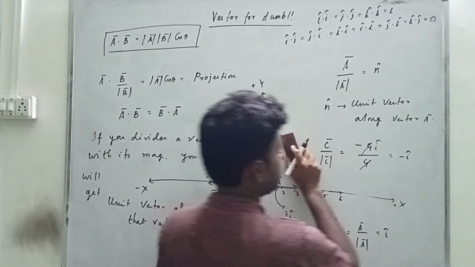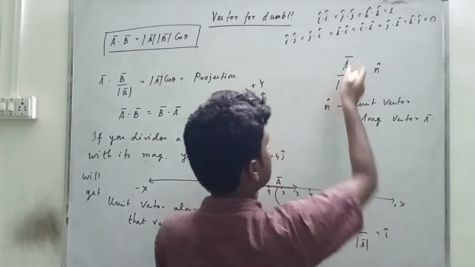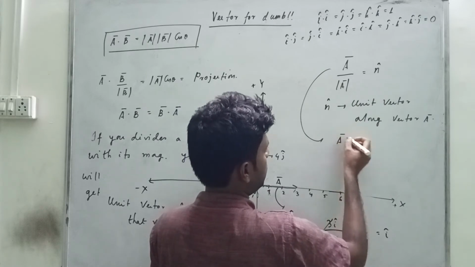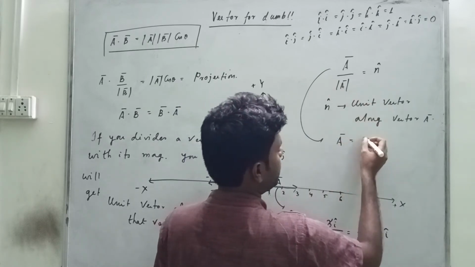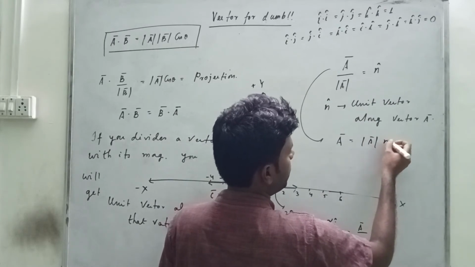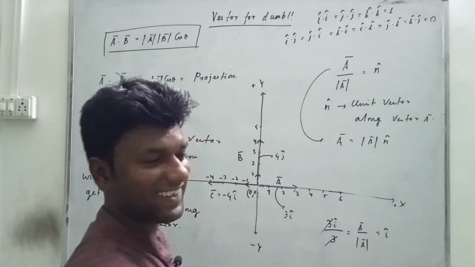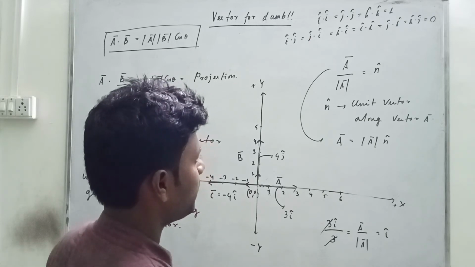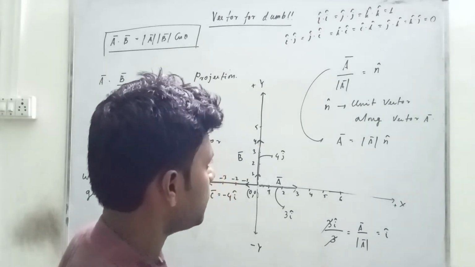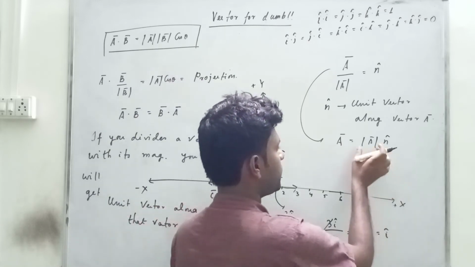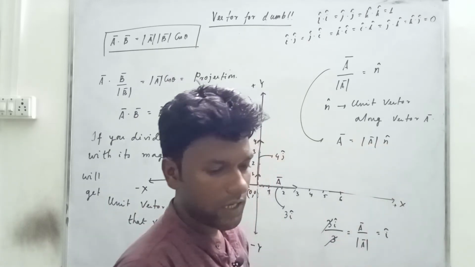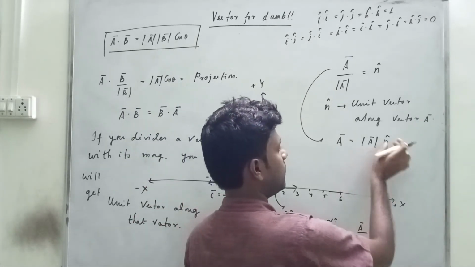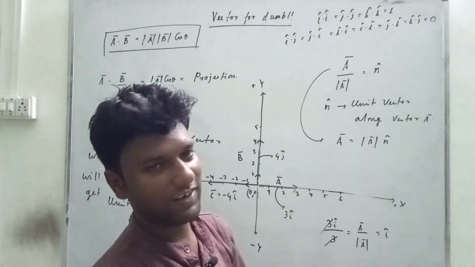Okay. So obviously, if you just rearrange here and cross multiply, you will get vector A is the magnitude of vector A times the unit vector along the vector A. Right? So if you want to know what the vector A will be, you can just calculate the magnitude of vector A and take the product with the unit vector along vector A. Right?